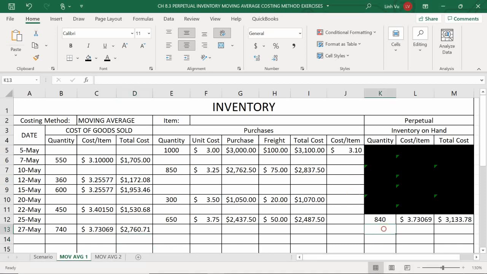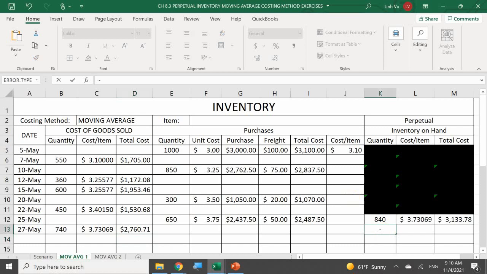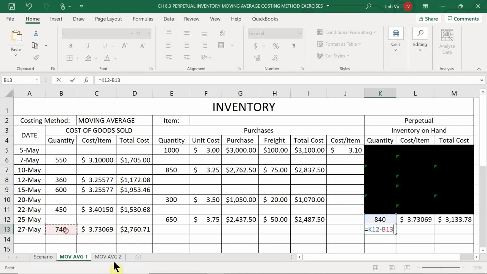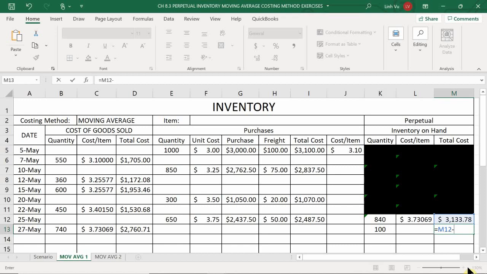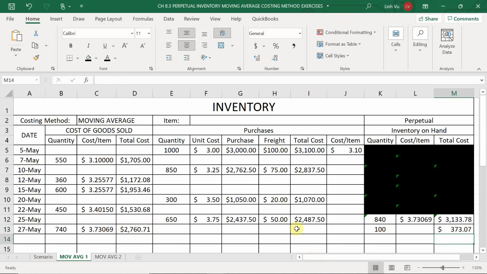And I'm going to go ahead and take this amount out. So if I started with 840 and sold 740, I end up with my 100 at the end of the month. Okay, and I'm going to subtract out this number once again too. These two numbers here get me a total of 373.07.